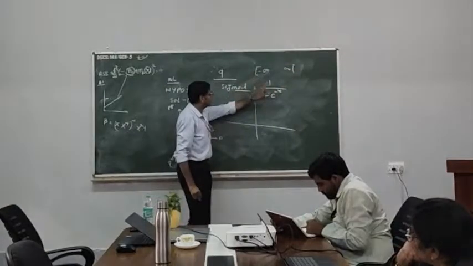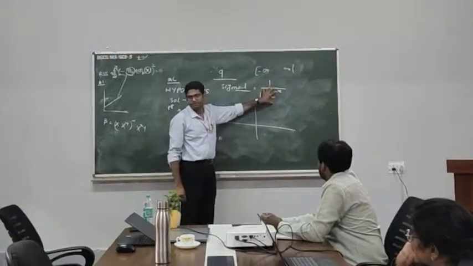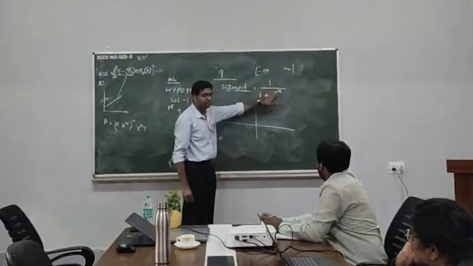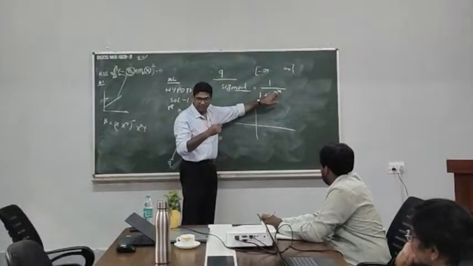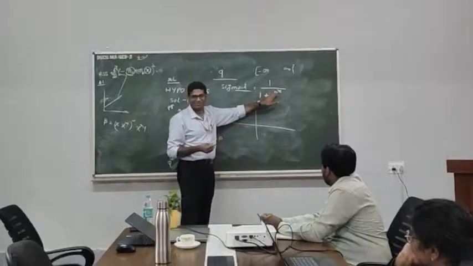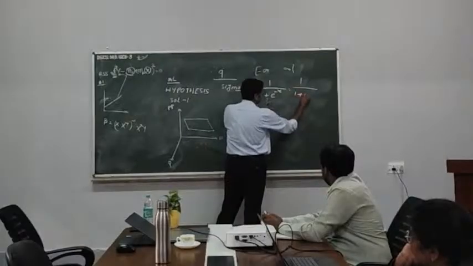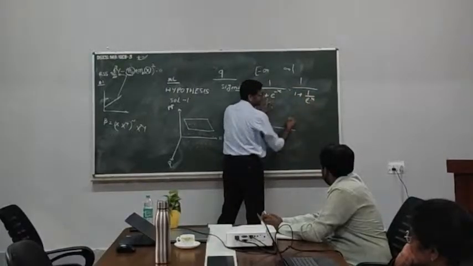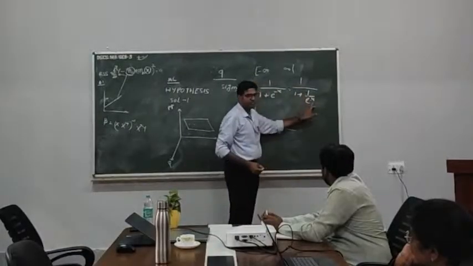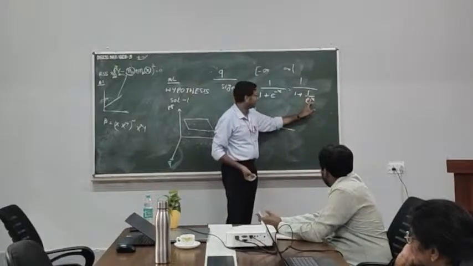Now, if I put x equal to minus infinity, what is the entire value? It is e to the power minus, so it will be 1 by e to the power x. So if x equals 100, this entire term becomes 0. 1 by 0 becomes infinite, right?